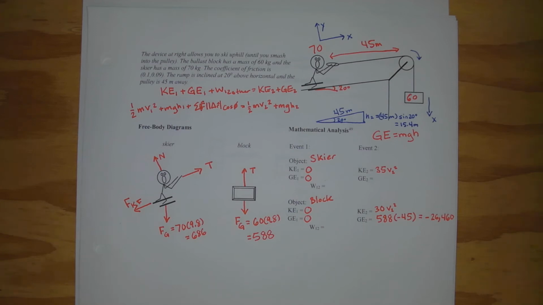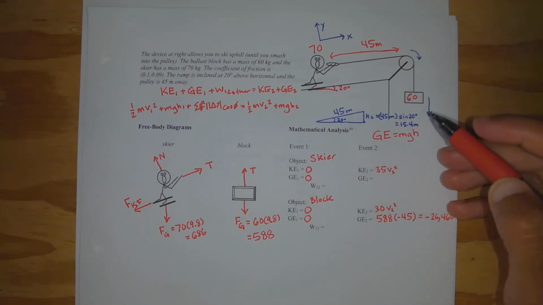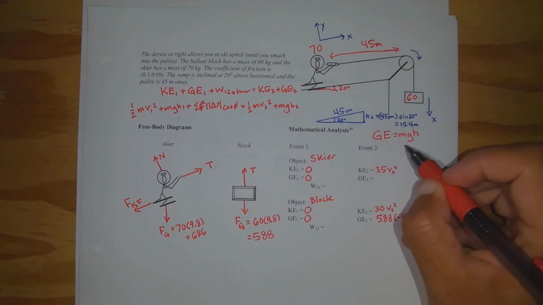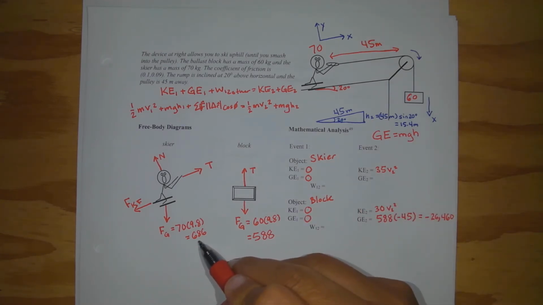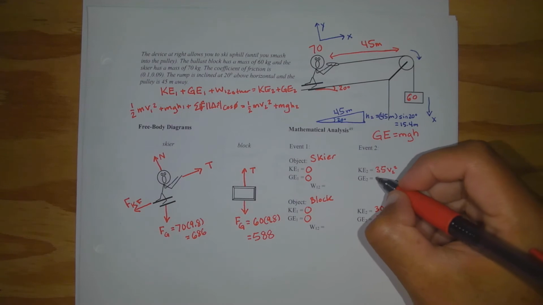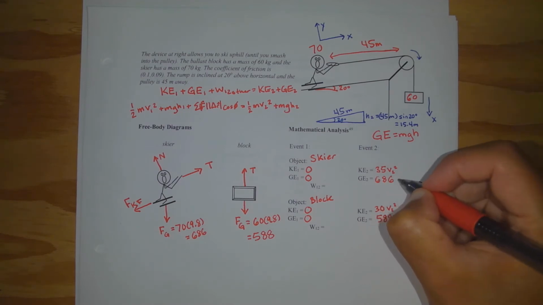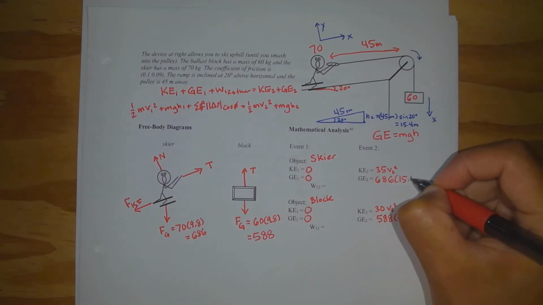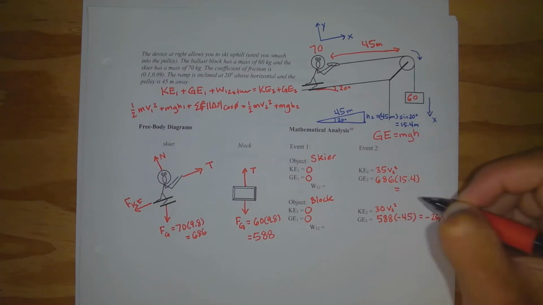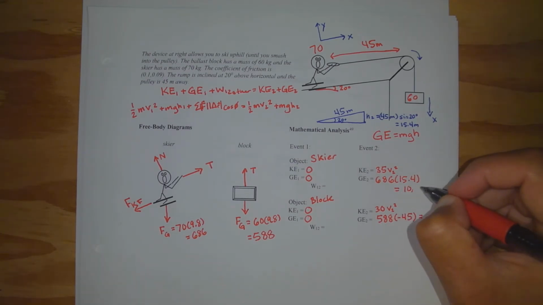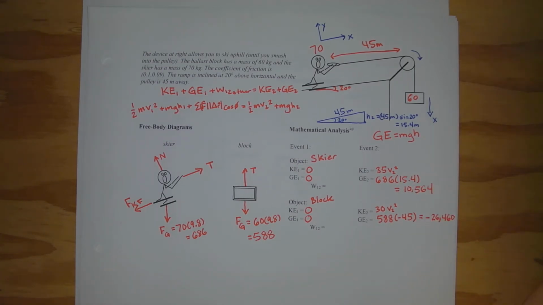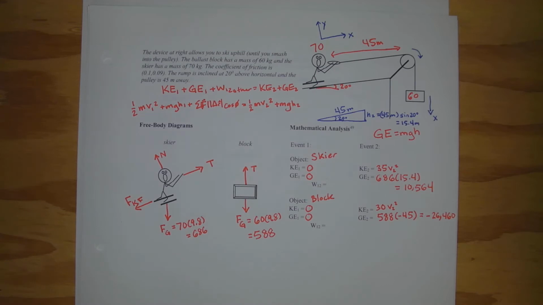So if the height is initially 0, H2 is 15.4. Gravitational potential energy is m times g times h. For the skier, m times g is 686. So this is 686 times 15.4, and that is equal to 10,564.